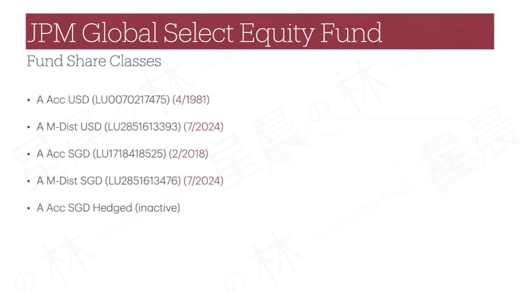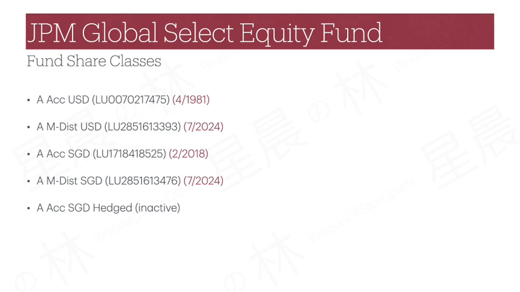As per the fact sheet, the original Accumulation US dollar share class was launched in 1981, and the Accumulation Sing dollar share class in 2018. The 2 monthly distribution share classes were only recently launched in July 2024.